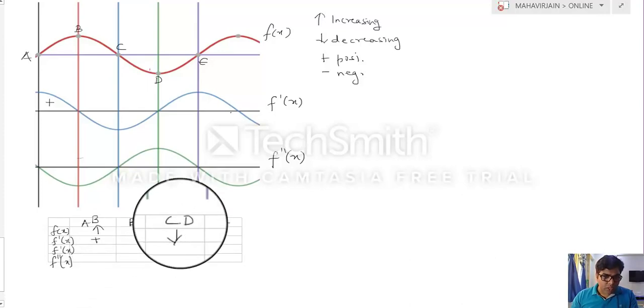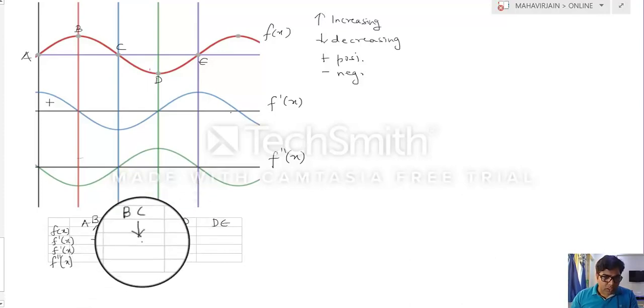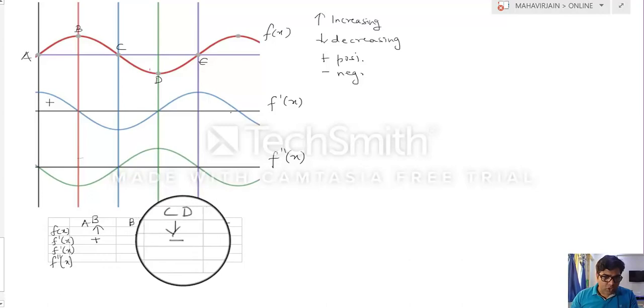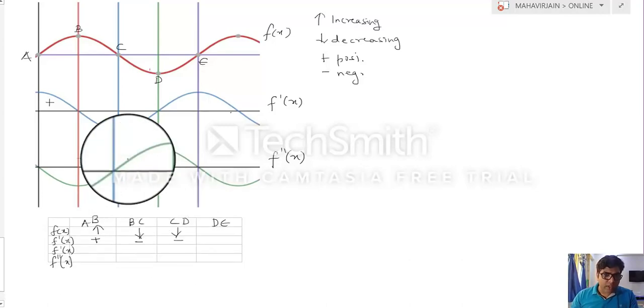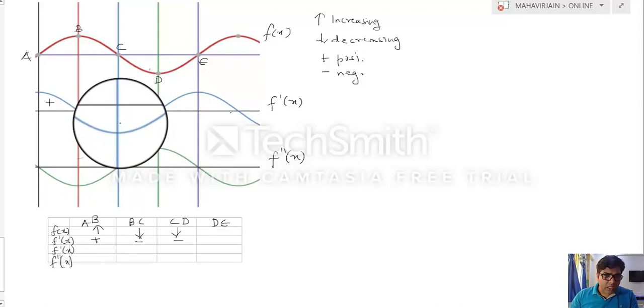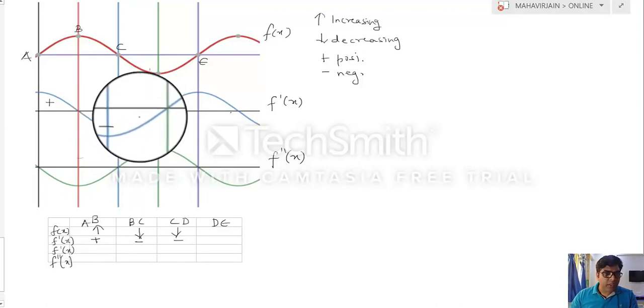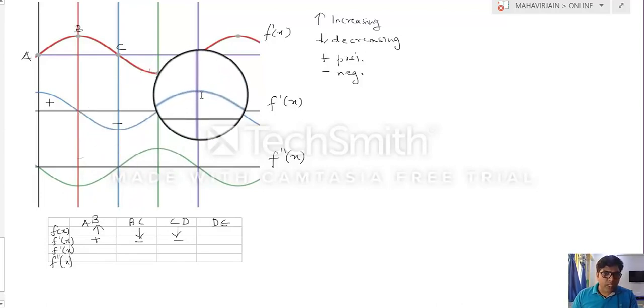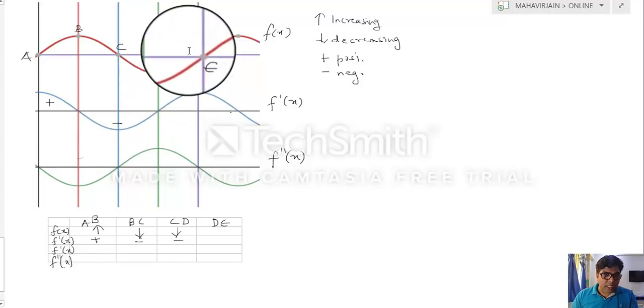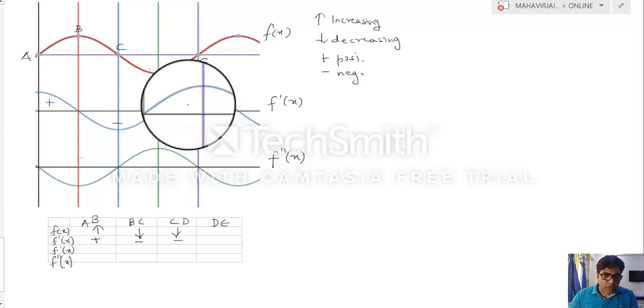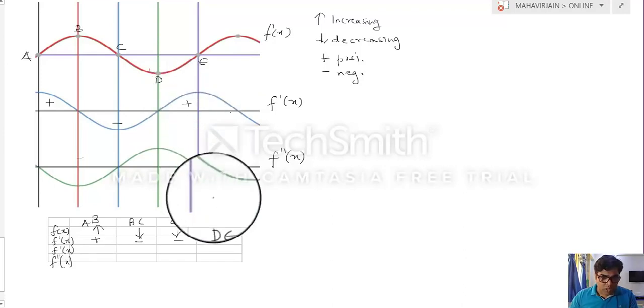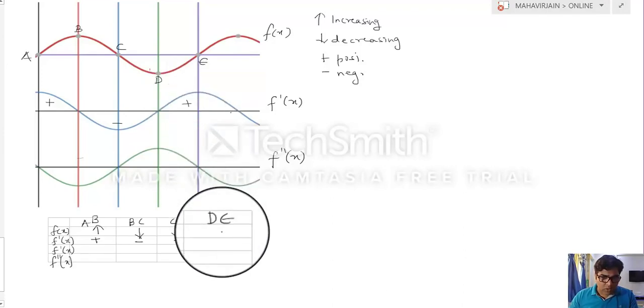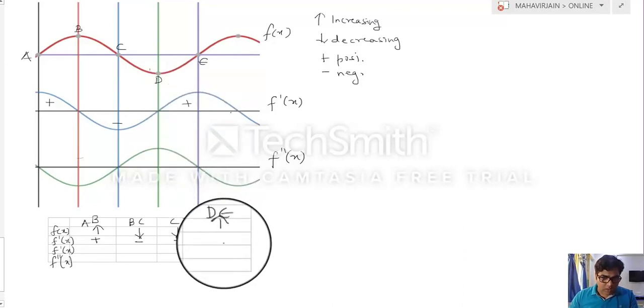So I'll just mention here negative. It's a very clear indication. Again, from D to E, the curve is increasing and hence f dash of x has to be positive.